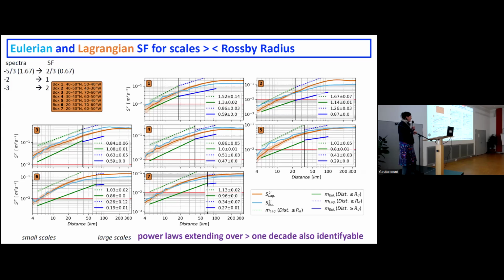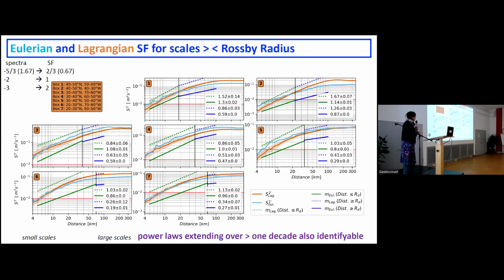Okay, now we can look at the structure functions. And what you see here is the Eulerian in blue and the Lagrangian in orange. First of all, small distances, so small scales, are on the left, large scales are on the right.